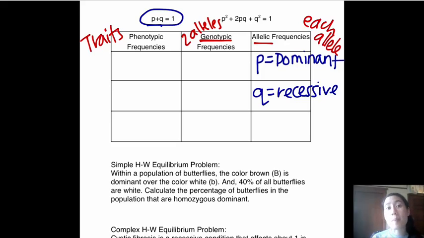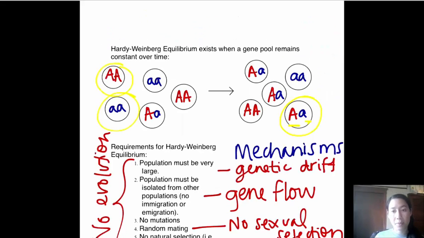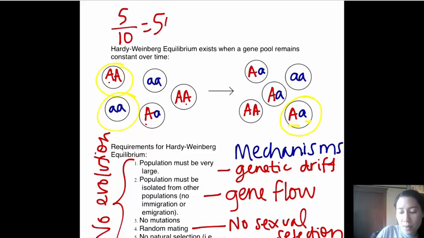Not in any individuals, but in the population overall, how many dominant alleles are there and how many recessive alleles are there? If I go back to my initial example that I saw on the previous page, when I counted the dominant alleles, there were 1, 2, 3, 4, 5 out of 10. So that would have been 5 out of 10, 50% would be my value for P, because half of those alleles are dominant.